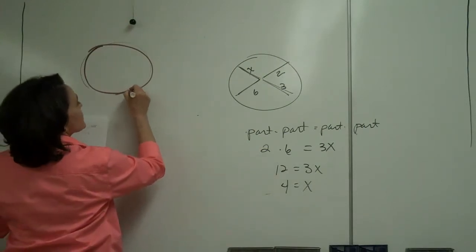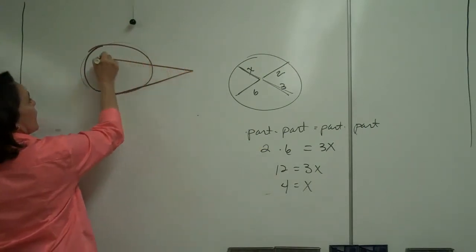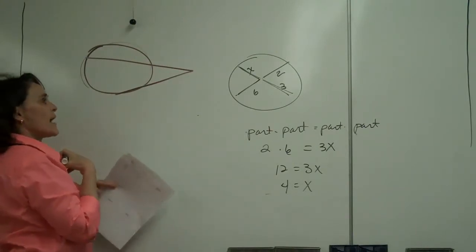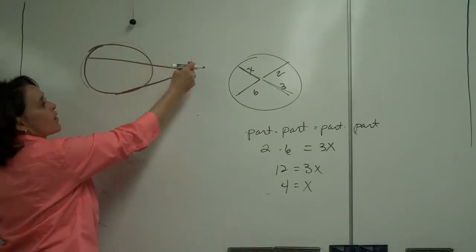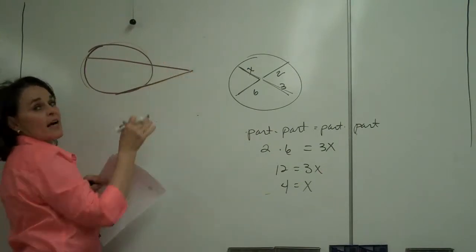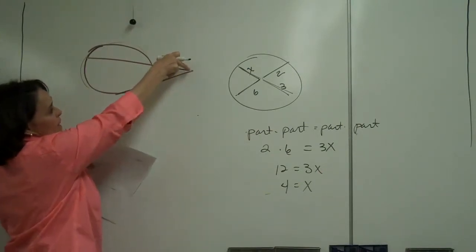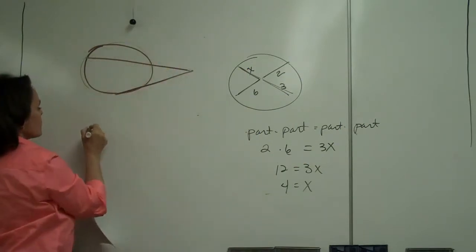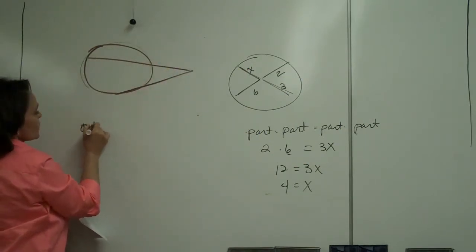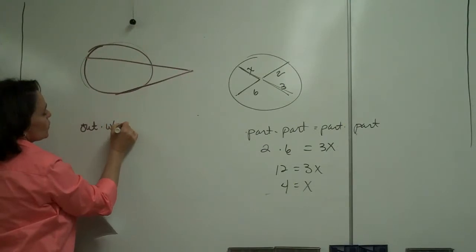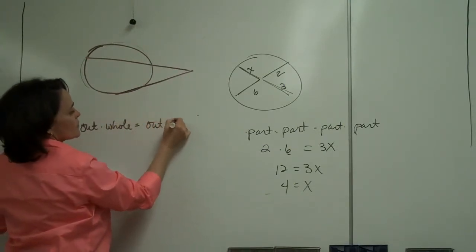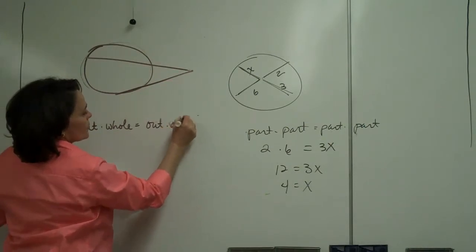We've got a tangent and a secant. And what I say, I call this part of the secant, it's outside of the circle. So I call this out, and then I call this the whole thing. So I say out times whole is equal to out times out.